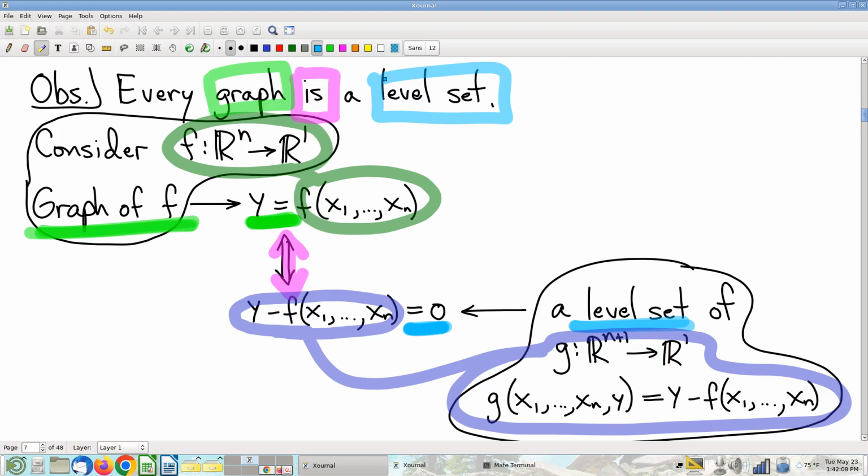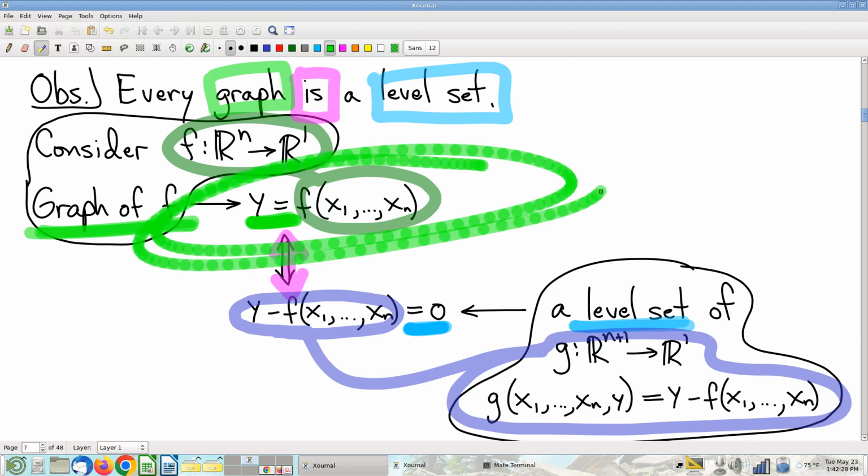The calculus of graphs doesn't give me what I need. Wouldn't it be nice if this was a level set, because the calculus of level sets would tell me what I want, or get me something closer to what I want. Golly, I wish I could apply the calculus of level sets, but I can't, because I'm looking at a graph.